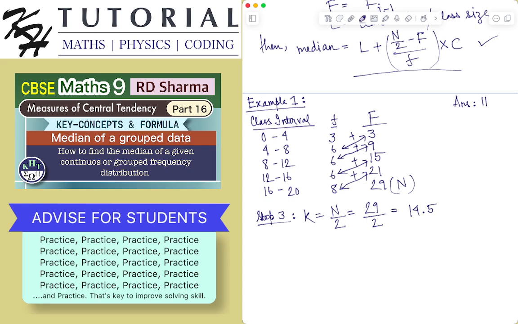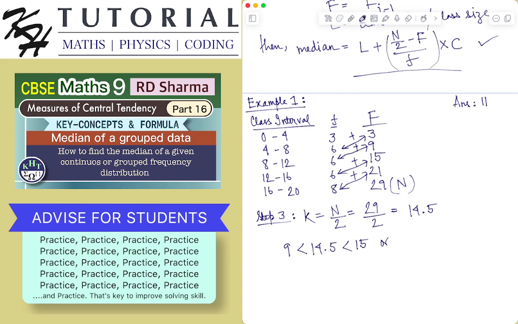Now I have to locate the ith row, that is the two consecutive rows, so that 14.5 lies between the F values of those two rows. Clearly I can see that the value of 14.5 lies between 9 and 15.